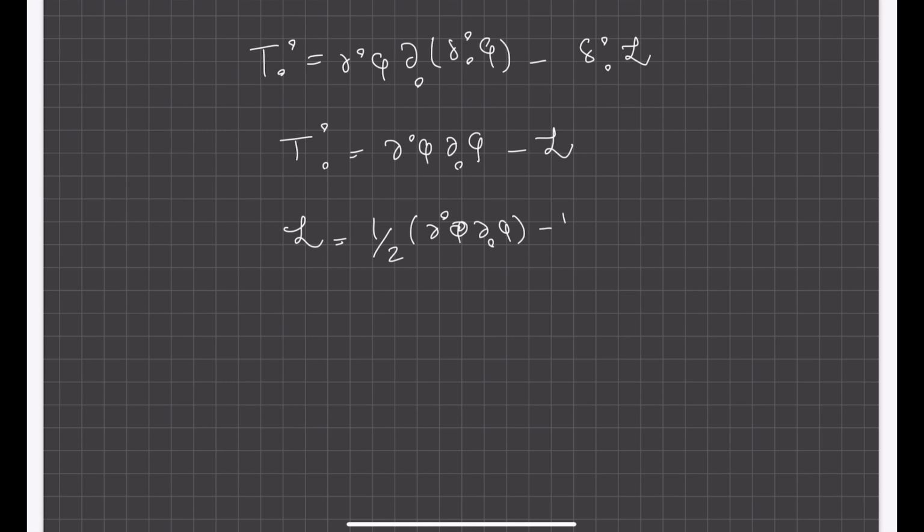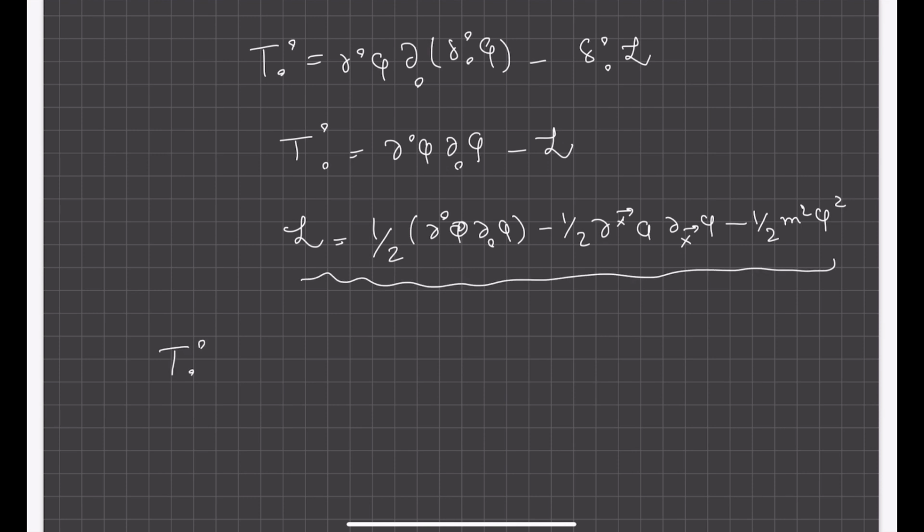Minus 1 over 2 the x derivative of phi squared, minus 1 over 2 m squared phi squared. So now I have the Lagrangian as this term here. So T00 is equal to this term minus this whole thing.